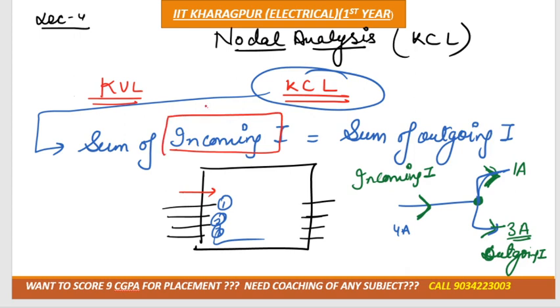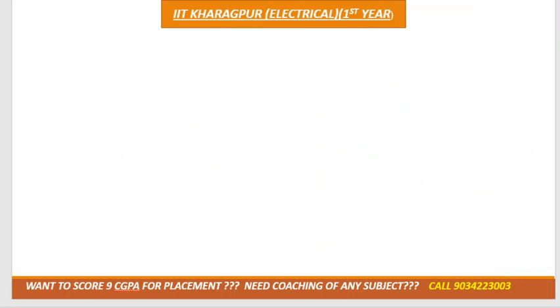Incoming current is always denoted by positive, and when they leave you, you feel sad. That means outgoing current is denoted by the sign negative. It can be vice versa, but make it a standard: always take incoming as positive and outgoing as negative.